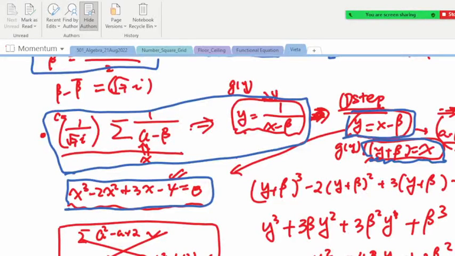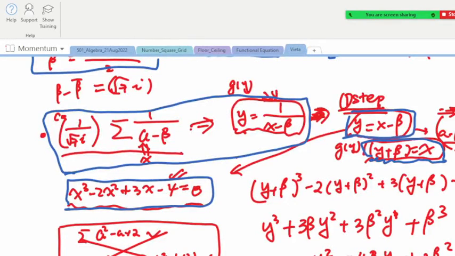Yep. Okay, so it's y cubed plus 3 beta minus 2 of the y square plus 3 beta square minus 4 beta plus 3 of the y plus beta cube plus 2 beta square plus 3 beta minus 4 equals 0, right?